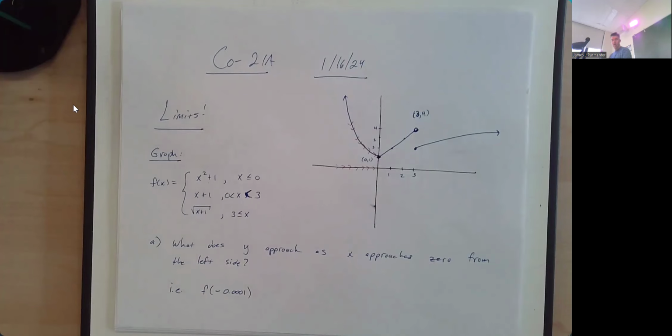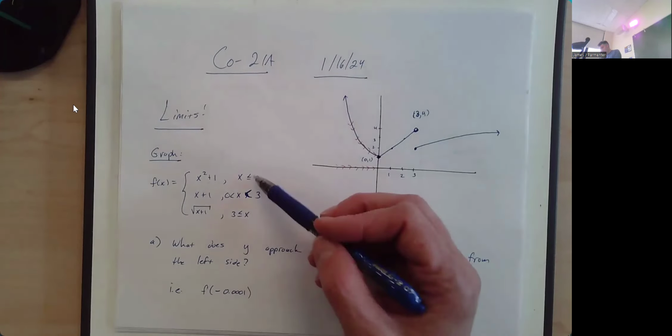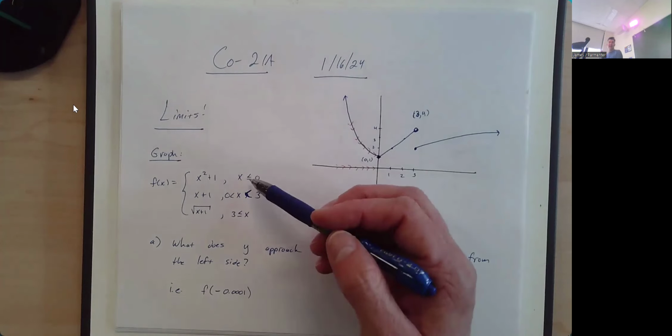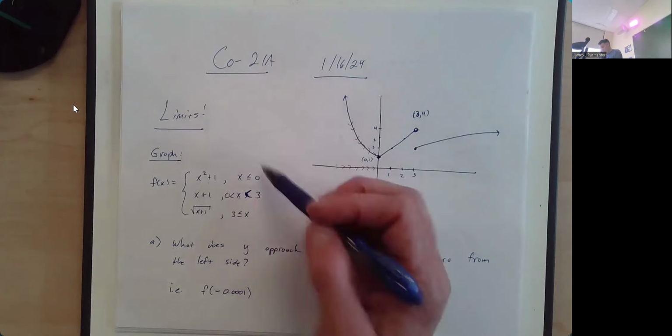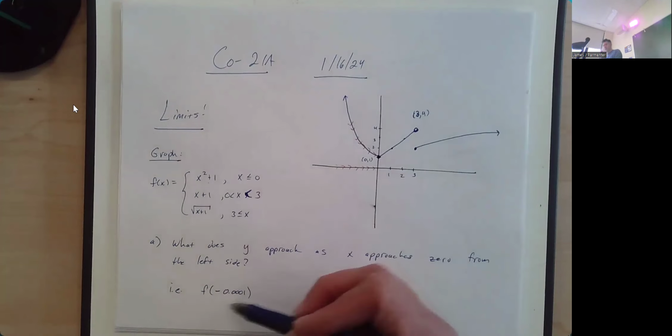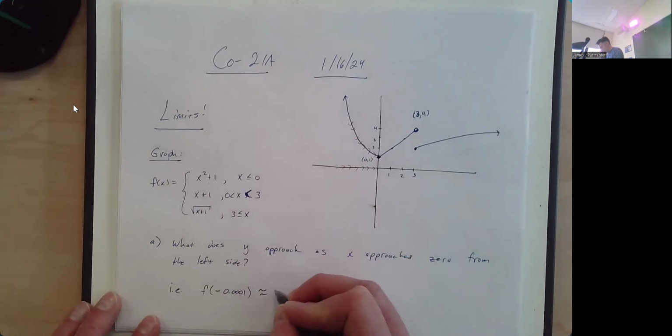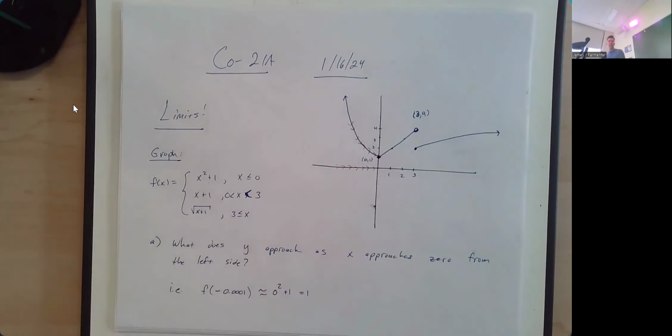I have to pick the part where the domain is negative, so I pick this first part here. A very, very small number squared is essentially 0 squared plus 1, which is going to be 1.